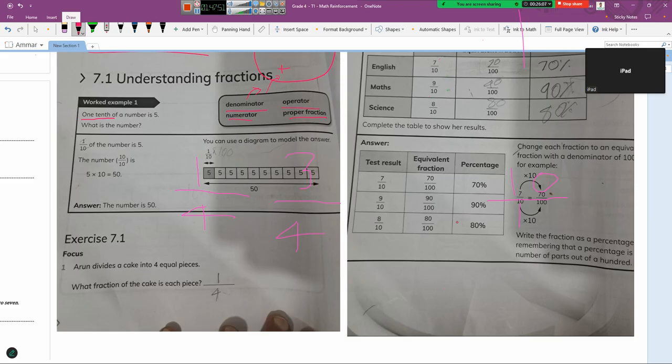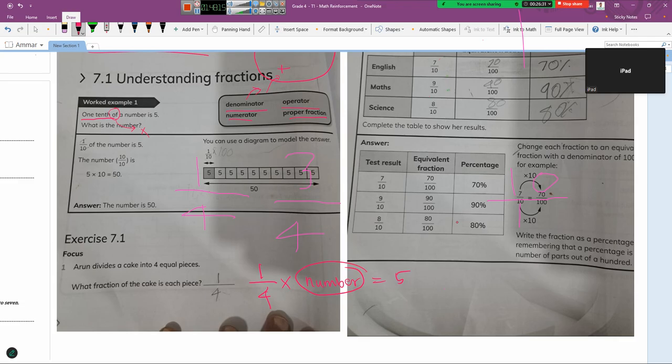In mathematics, the preposition of can be substituted as multiplication. 1/4 of a number is equal to 5. What is that number?